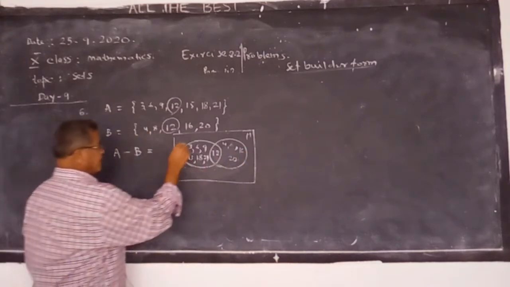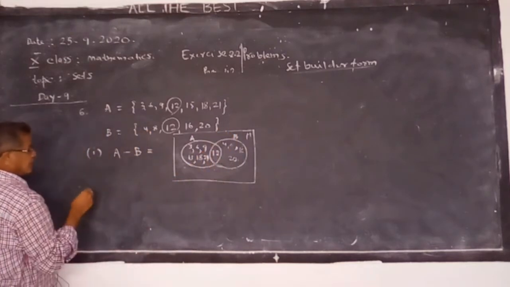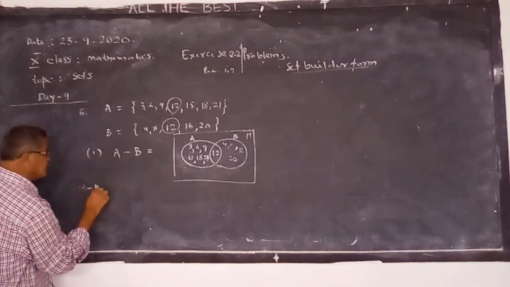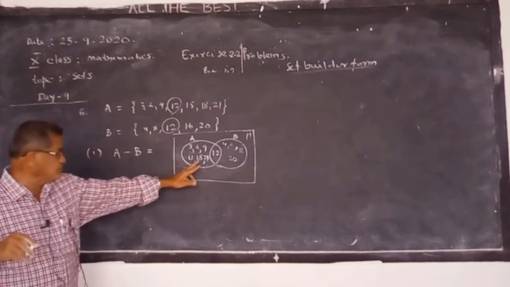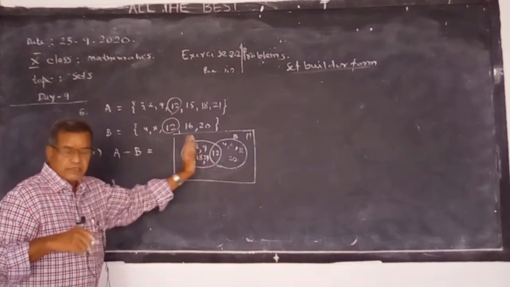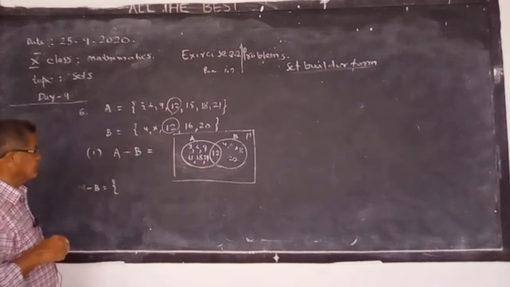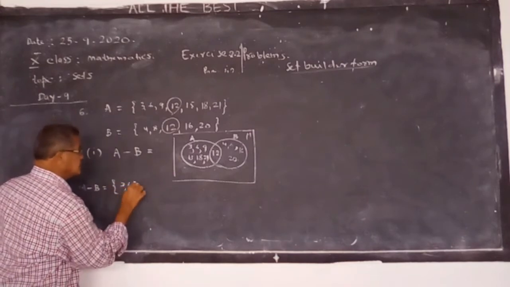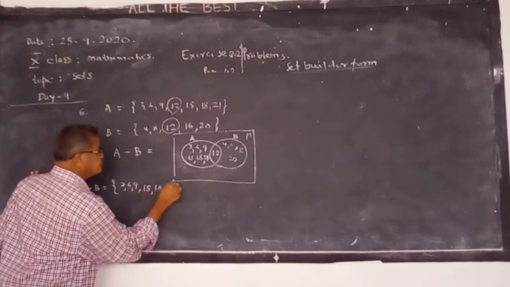In the previous problem we did A minus B. A minus B is nothing but, don't confuse, leaving the intersection part, write this part, the left side part. So write here 3, 6, 9, 15, 18, 21.